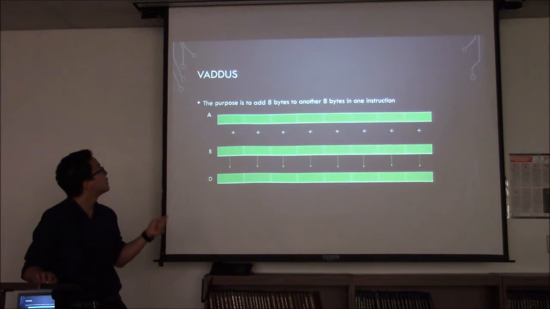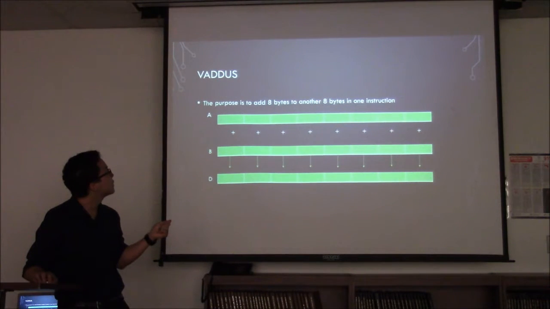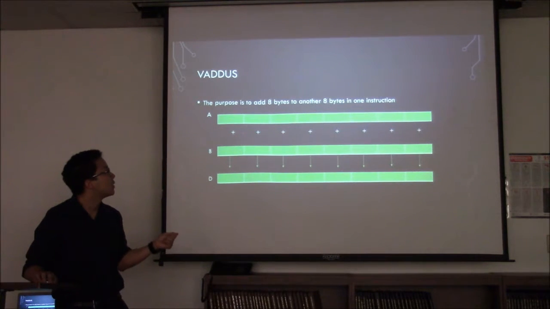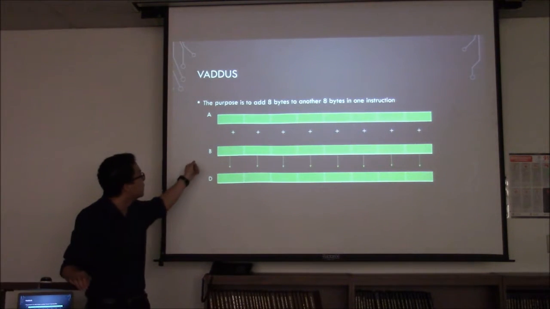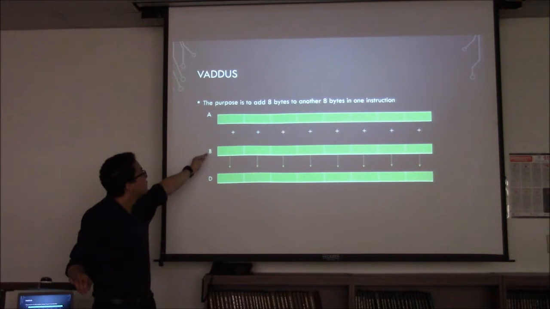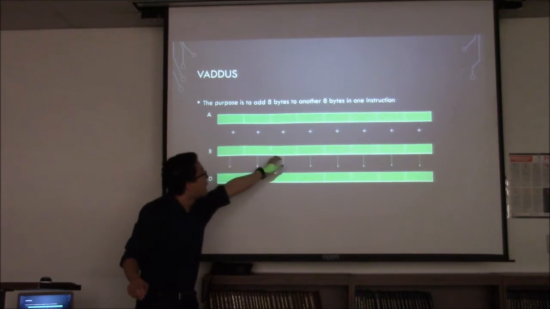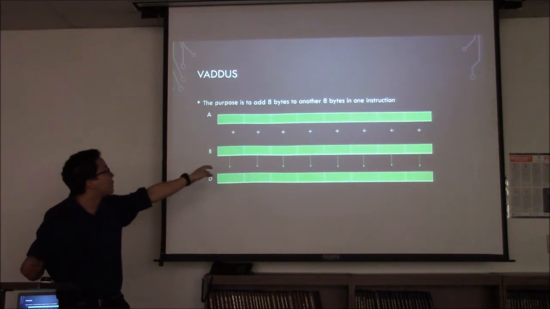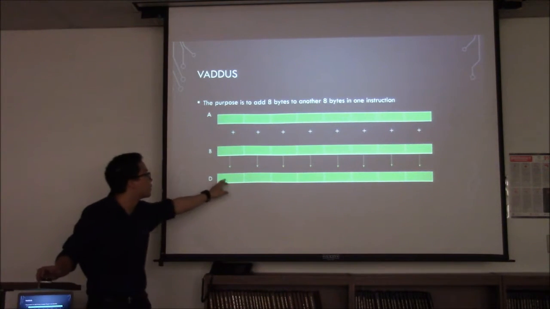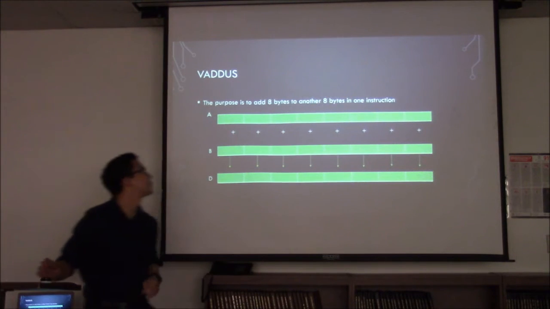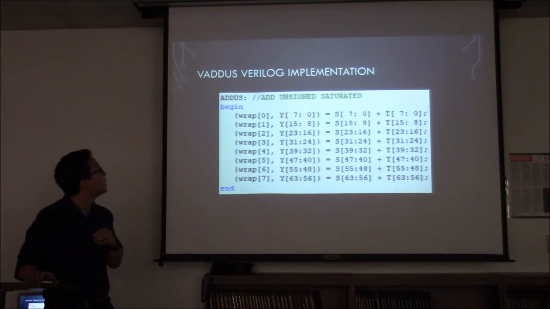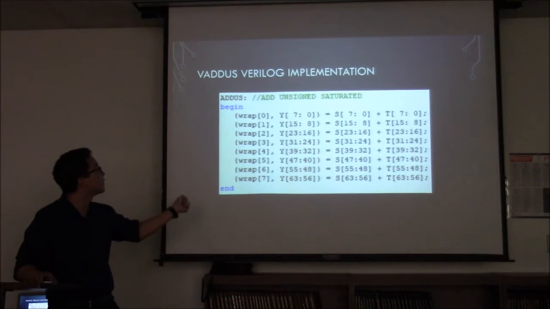Right. So this is the vector add unsigned saturated. The purpose is to add 8 bytes to another 8 bytes in one instruction. These are going to be two vectors, and every byte I'm going to add, and then it's stored into the destination register. And I think I have an example. Okay, so here is what I have in my vector ALU.